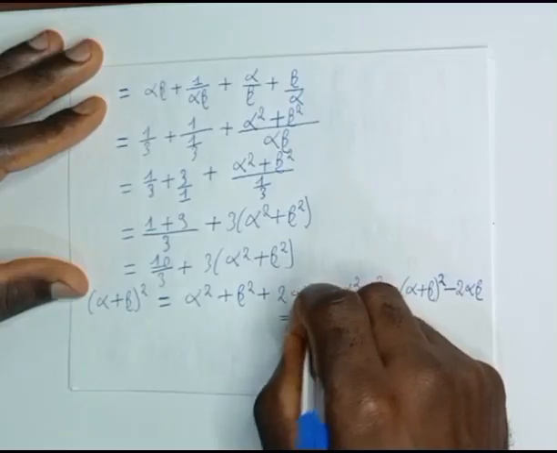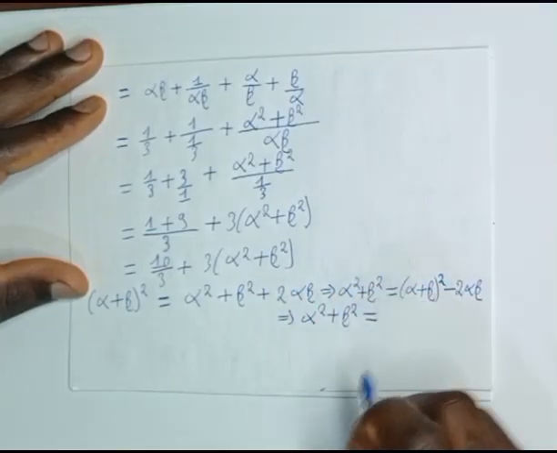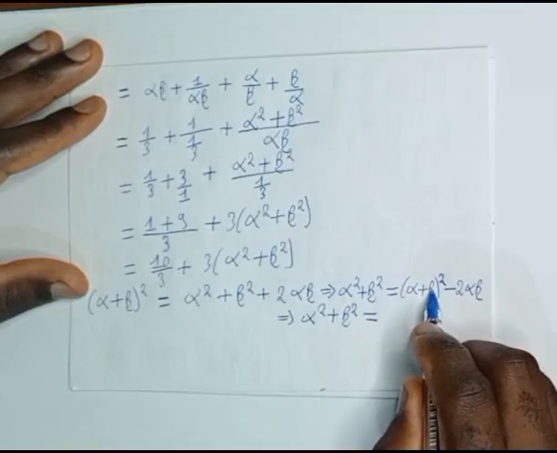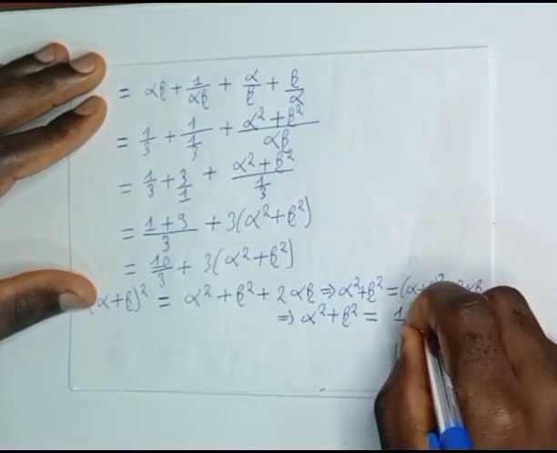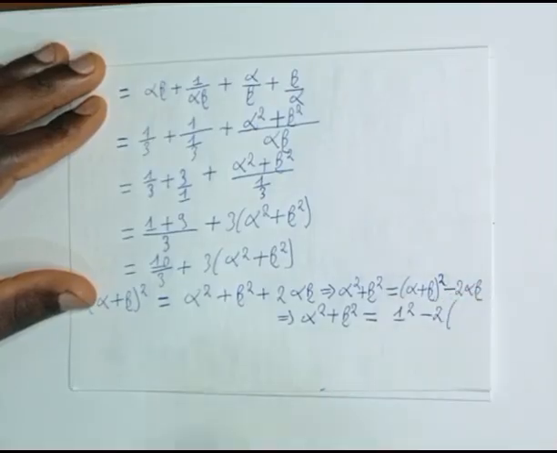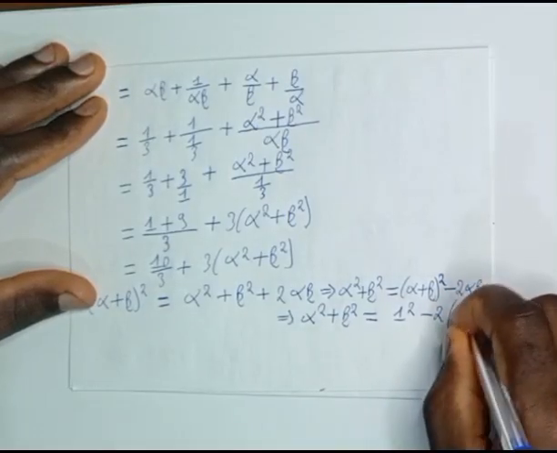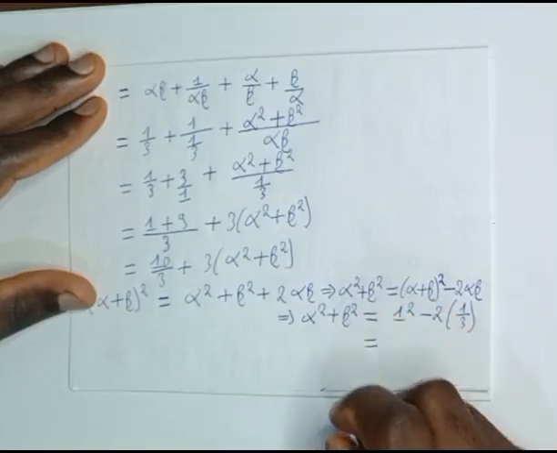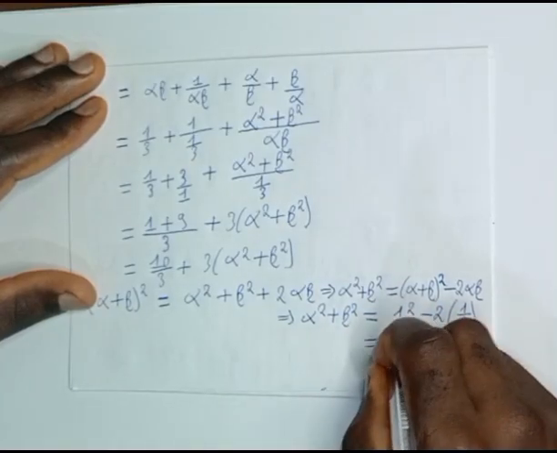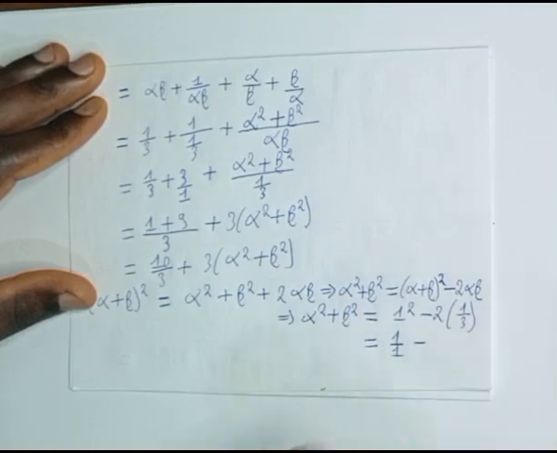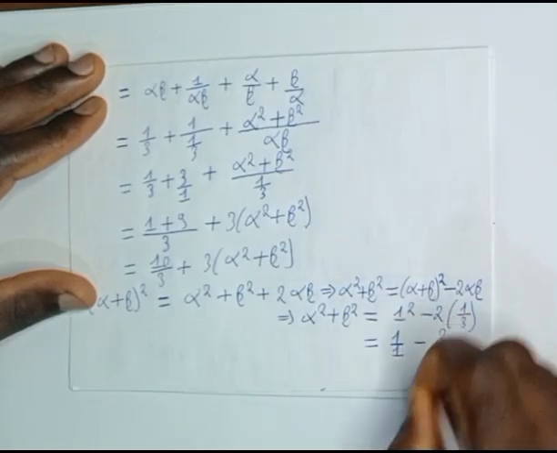Alpha squared plus beta squared will be equal to, alpha plus beta is equal to 1, gives us 1 squared, minus 2 times alpha beta, which is 1/3. 1 squared gives us 1, which we can express as 1 over 1, minus 2 times 1/3 gives us 2/3.